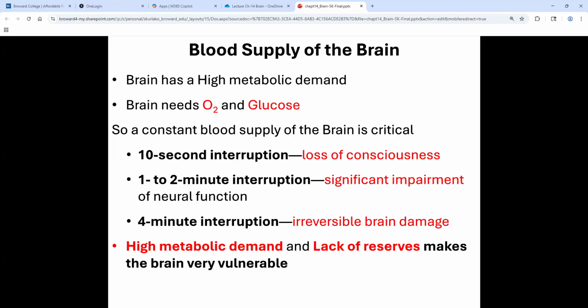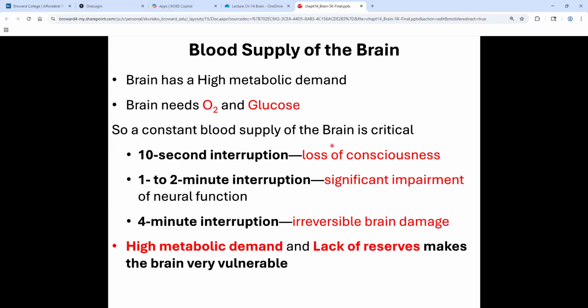Now let me give you a statistic which proves that the blood supply to the brain is critical. If the blood supply to the brain is interrupted for 10 seconds, you lose consciousness. If you have an interruption for 1 to 2 minutes, there is going to be significant impairment, which means significant damage. Just 2 minutes.